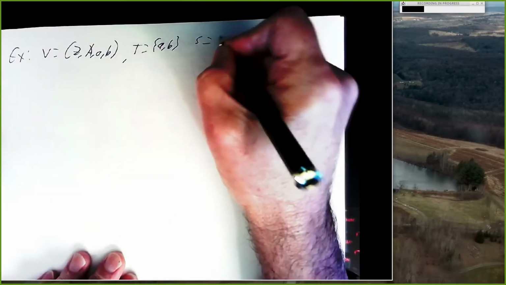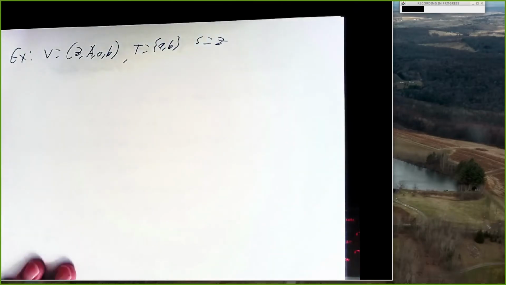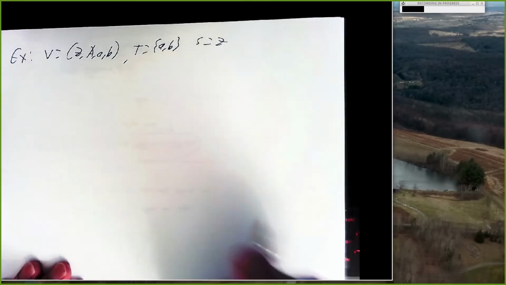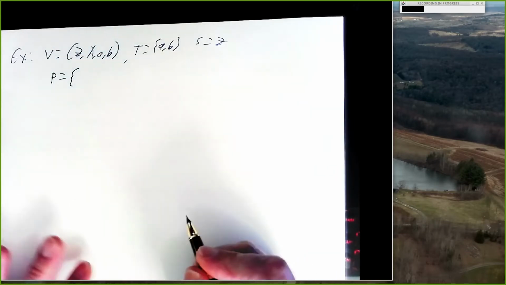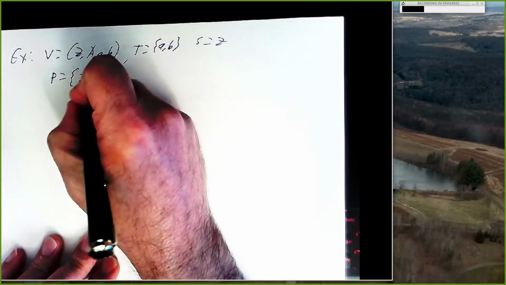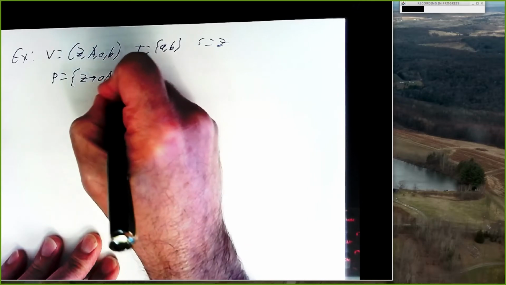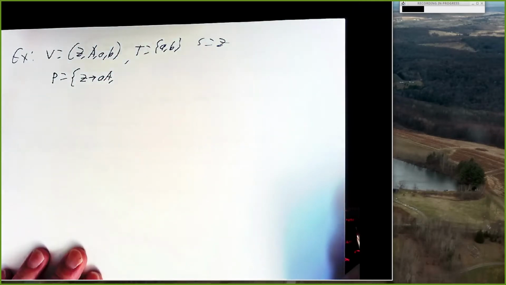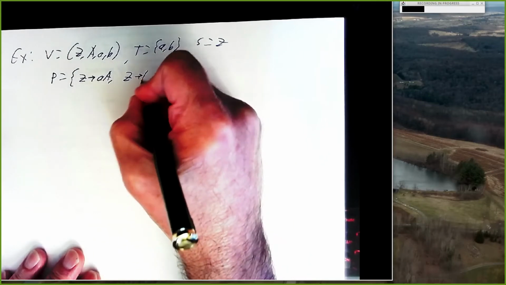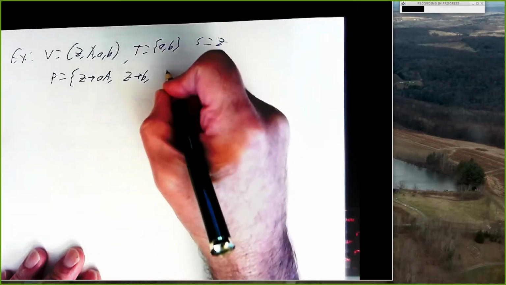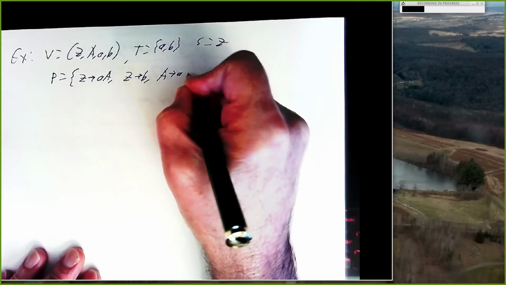Our start symbol will be Z. And our production rules will be the following. We can go from the start symbol to little a, big A. We can go from the start symbol to a little b. And we can go from a big A to a small a, small a.